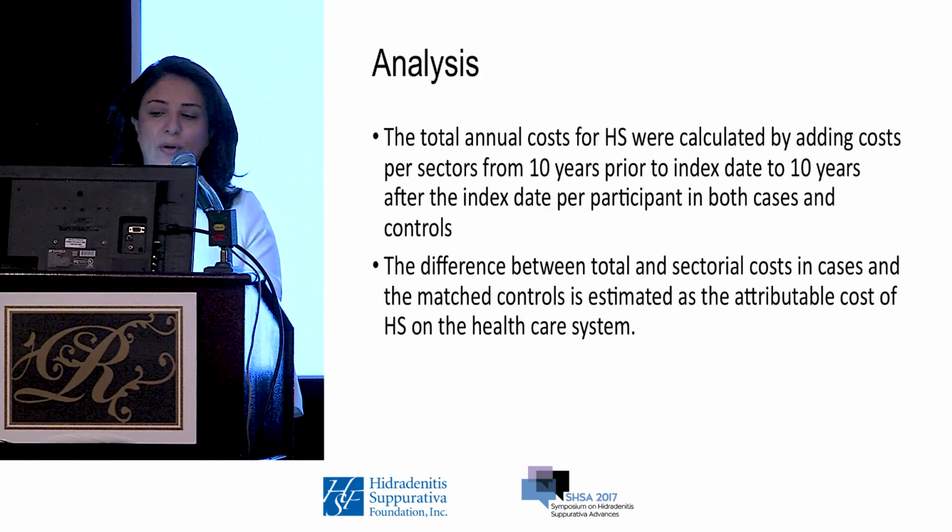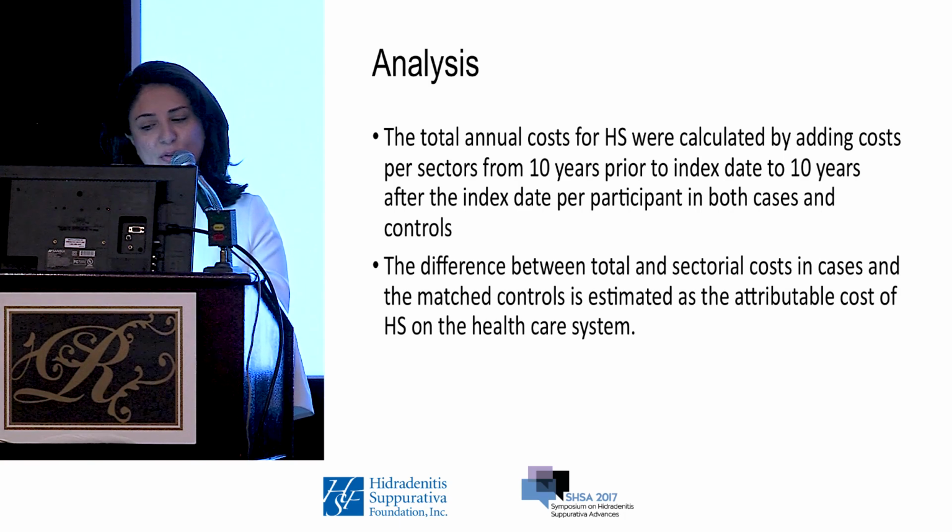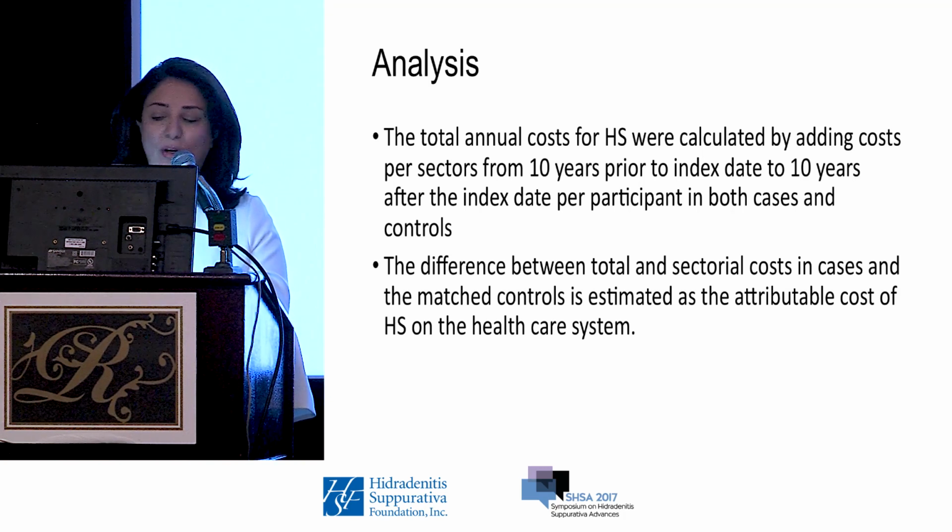The total annual cost for HS was calculated by adding costs per sector from 10 years prior to the index date, which is surgery, and 10 years after the index date, for both cases and control group. The difference between the total and sectorial cost in cases and the matched control was estimated as the attributable cost of HS on the healthcare system.